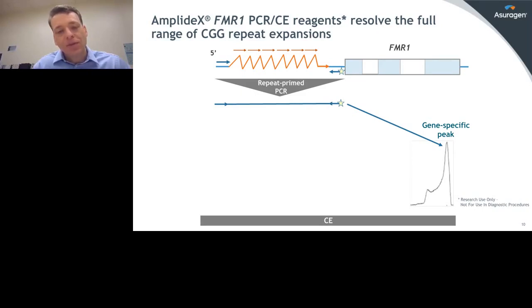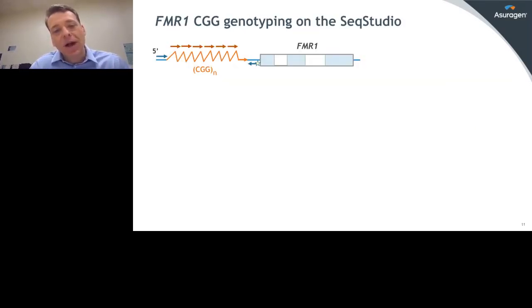And it gives you the resolution to be able to look at mosaicism that may exist within the target in combination with gene-specific peaks. So there's tremendous complementarity here to make sure that you never miss a full mutation, but then you also have sizing accuracy through the gene-specific peaks and the supporting repeat prime peaks relative to a calibrating ladder to be able to convert mobility into CGG repeat number.